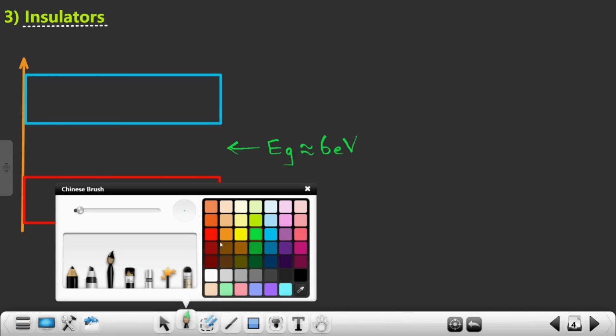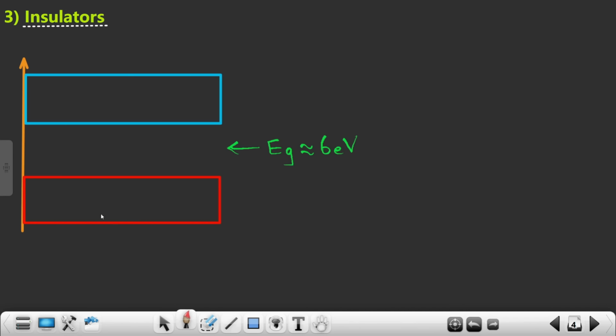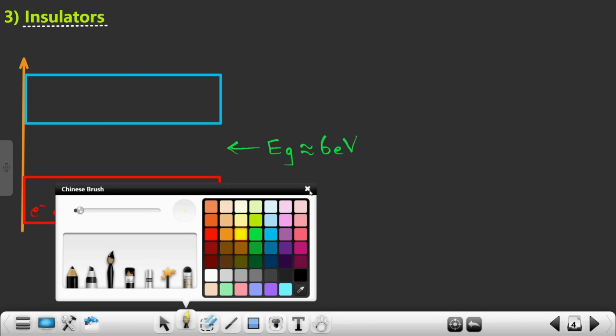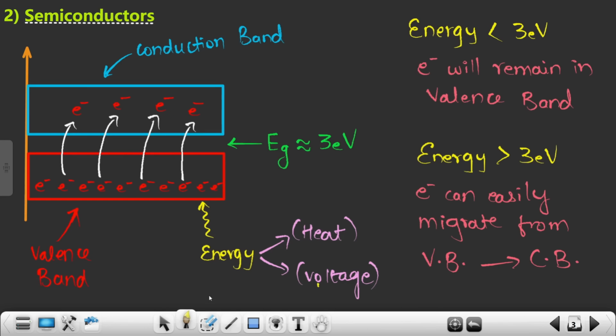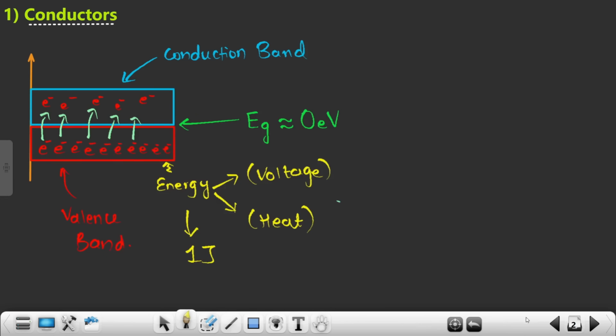Again, I'll just draw a few electrons over here. Now, even by providing very high energy to the valence band of the insulator, let's suppose I'm providing 10 joule of energy, just a random number, here around 5 joule, and here just 1 joule.